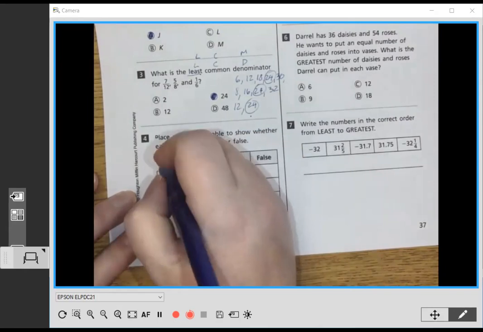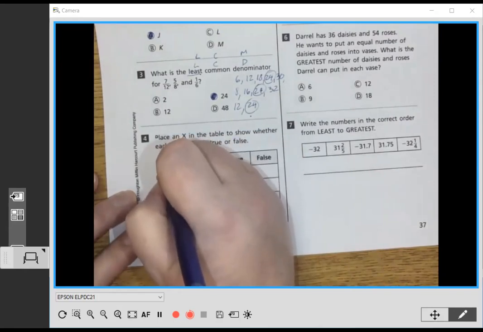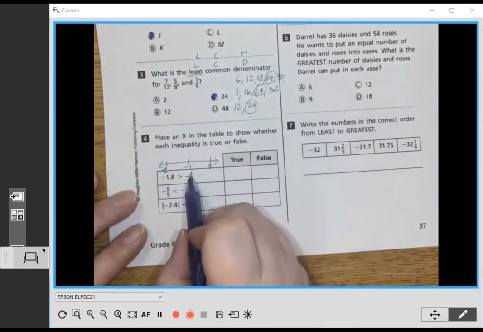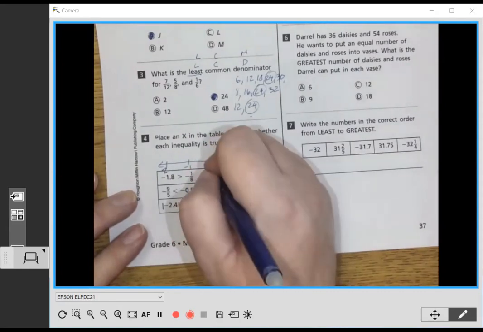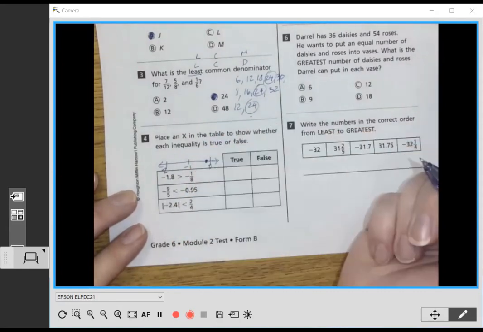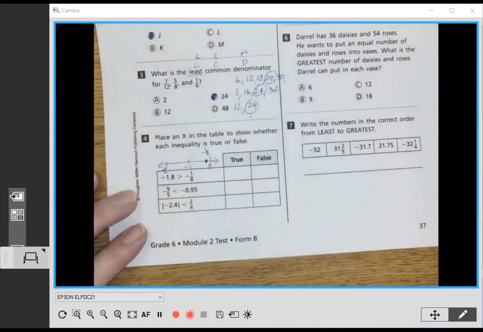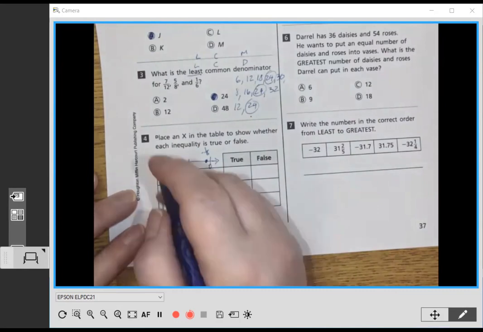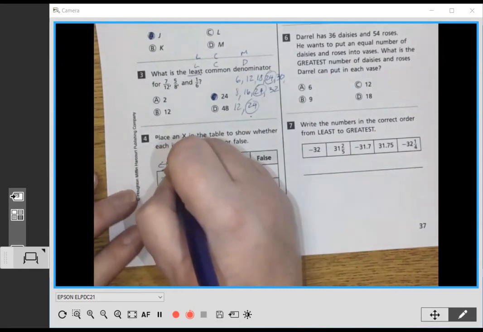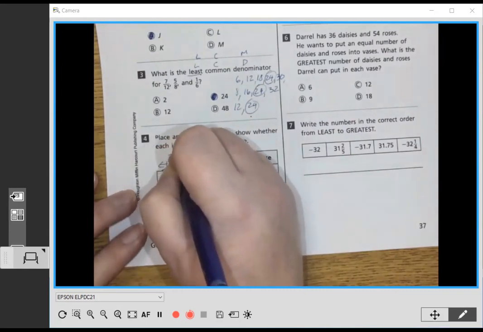This one's almost negative 2, so I'll put negative 2 here. I'm just going to estimate. I know that negative 1/8 is just a little to the left of 0. I'm just approximating with my graphing here. And then negative 1.8 is just a little bit to the right of negative 2.